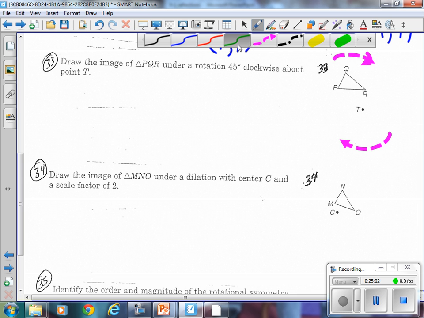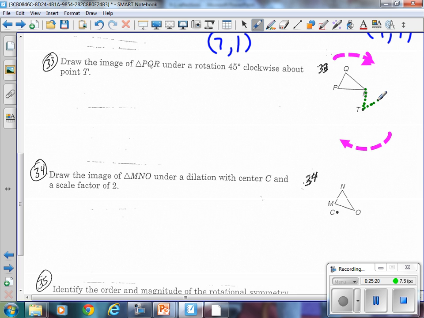So we want to connect that to T, and we want to go 45 degrees around this way, so maybe something like that. That looks maybe about 45 degrees. Again, it didn't have to be exact.